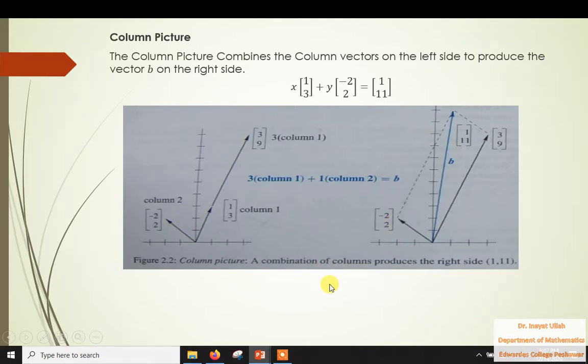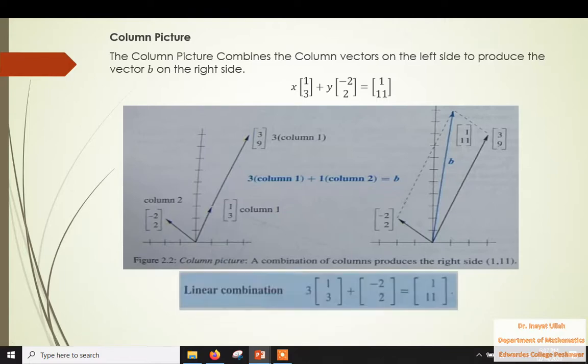Anyways, that is the column picture of these two equations. So the linear combination is 3 into (1, 3) plus 1 into (-2, 2). This is the linear combination of these two vectors. The linear combination of these two vectors gave us a single vector, which is actually the diagonal of the rectangle thus obtained.